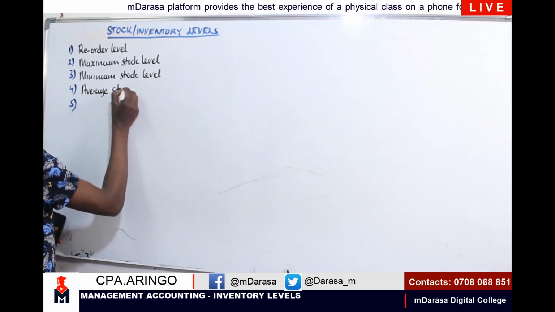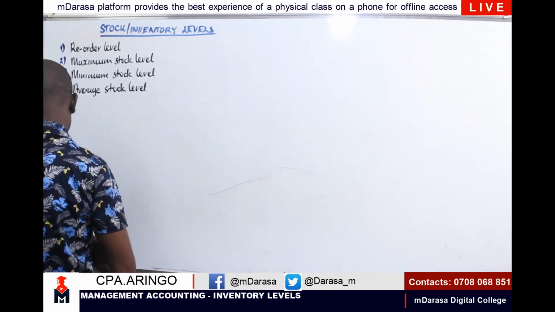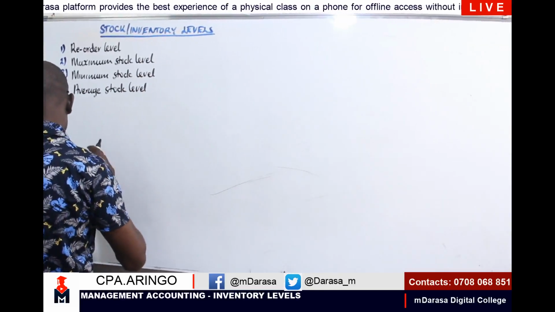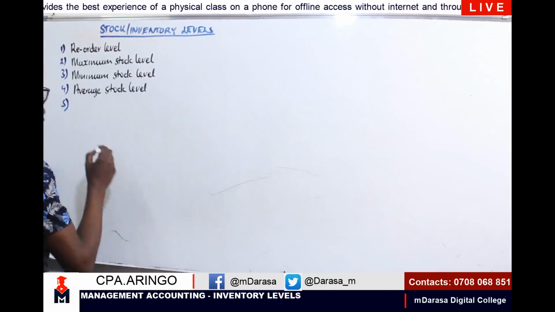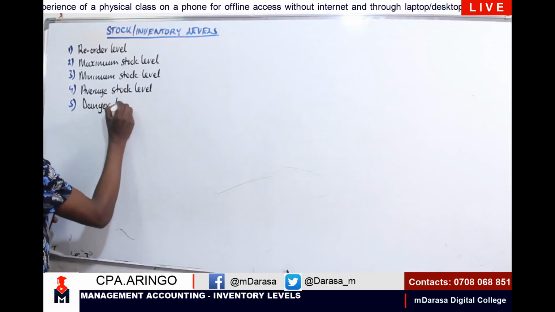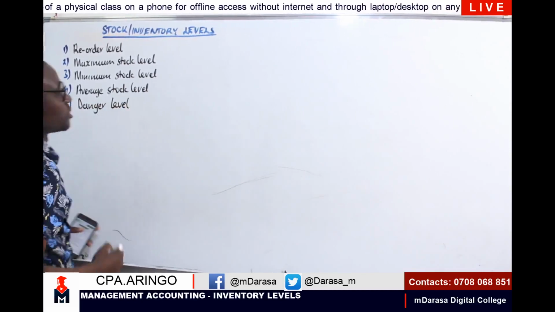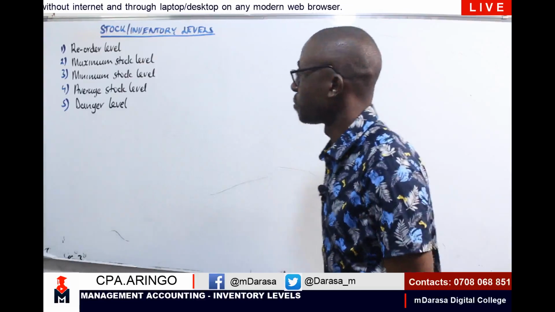Average stock level. And finally, my good students, here we'll be talking of this stock level that I know majority of us don't have an idea of, the danger level. I know majority of you don't have an idea of that, if such a stock level exists. The good thing is that we are in this class and we are going to learn what danger level also entails.